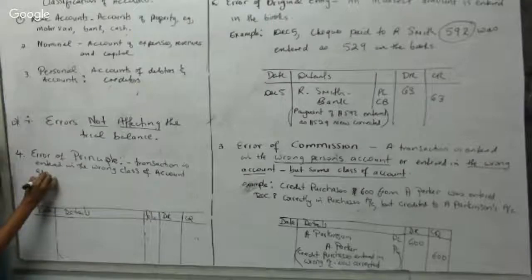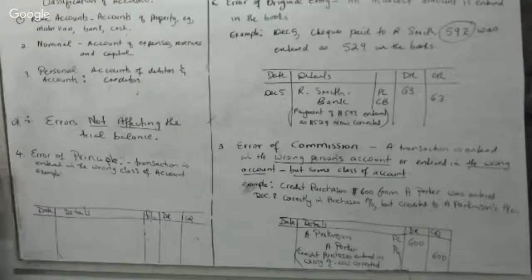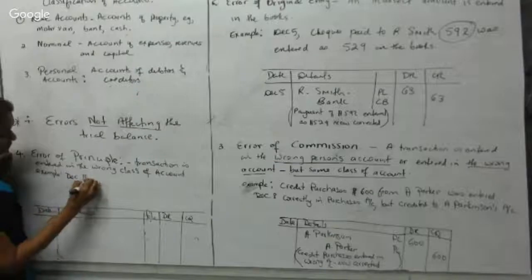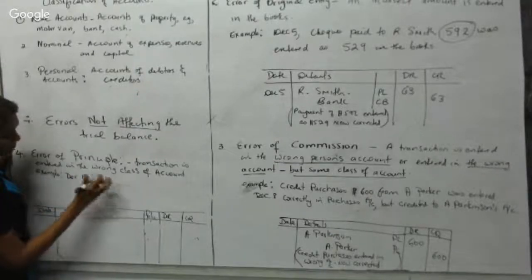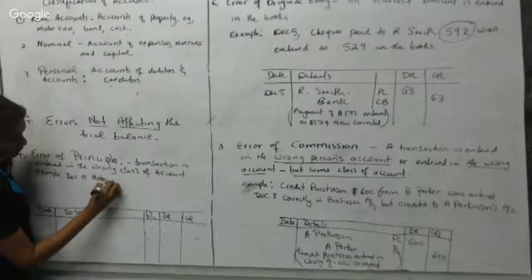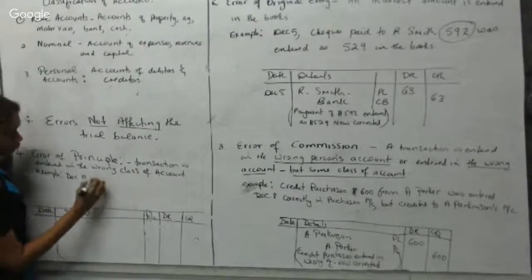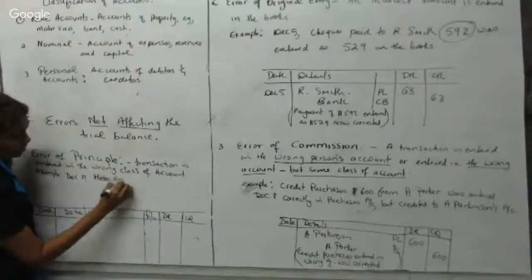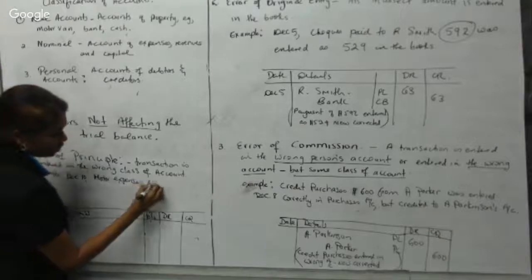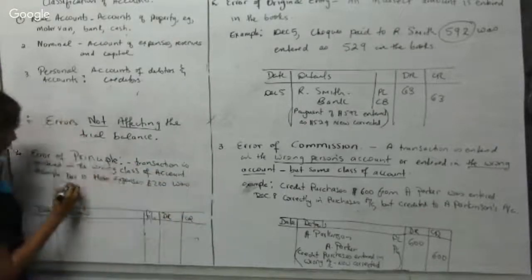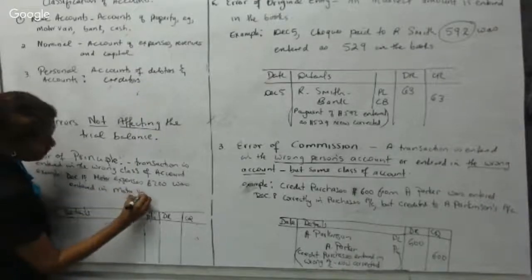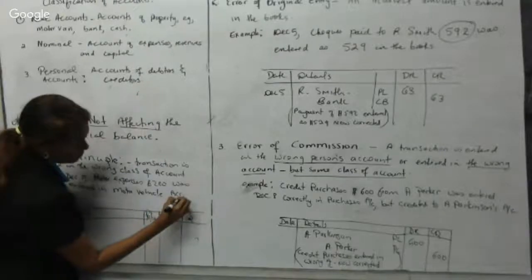Right, and here's an example that you usually will see. December the 10th. Motor expenses for $200 was entered in motor vehicles account.